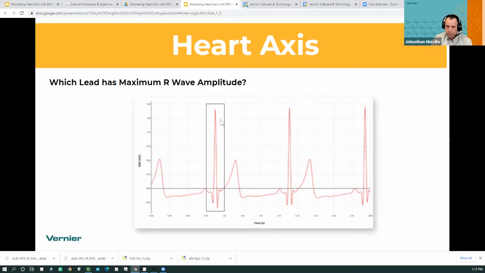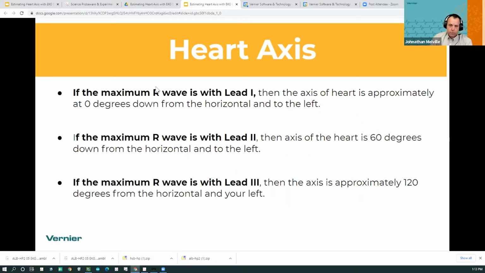and we're going to be looking at which one has the largest amplitude. And just to reiterate here, if the maximum R wave is with lead 1, then the heart is at about 0 degrees. If the maximum R wave is at lead 2, then the axis of the heart is at 60 degrees. And if the maximum R wave is at lead 3, then the axis is approximately 120 degrees horizontal and your left.